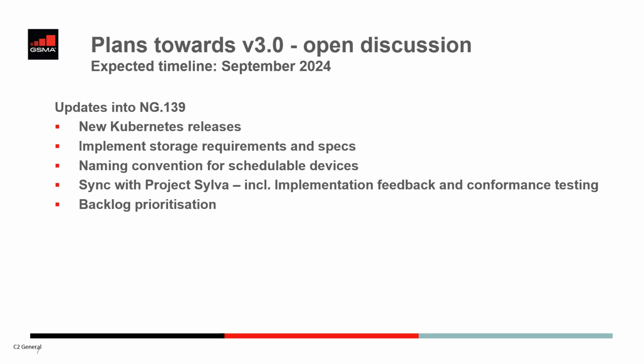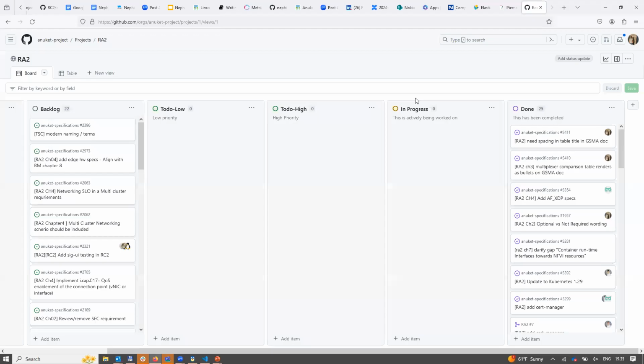And then in our backlog, there's a number of open issues that we couldn't tackle in the current releases. Whatever time we have left for the new release, we'll prioritize those. But yeah, we're open for discussion.